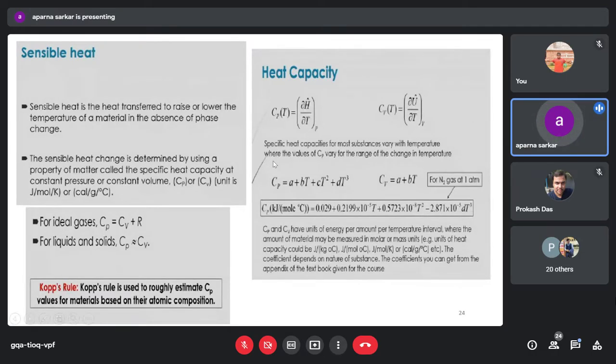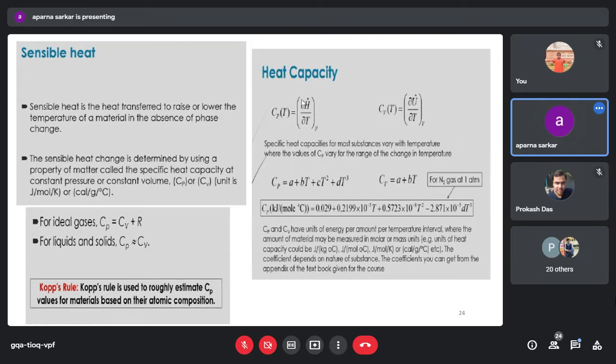Now another parameter is heat capacity, or specific heat capacity. We have the formula Cp(T) is equal to del H by del T at constant pressure. That means enthalpy changes with temperature at constant pressure.